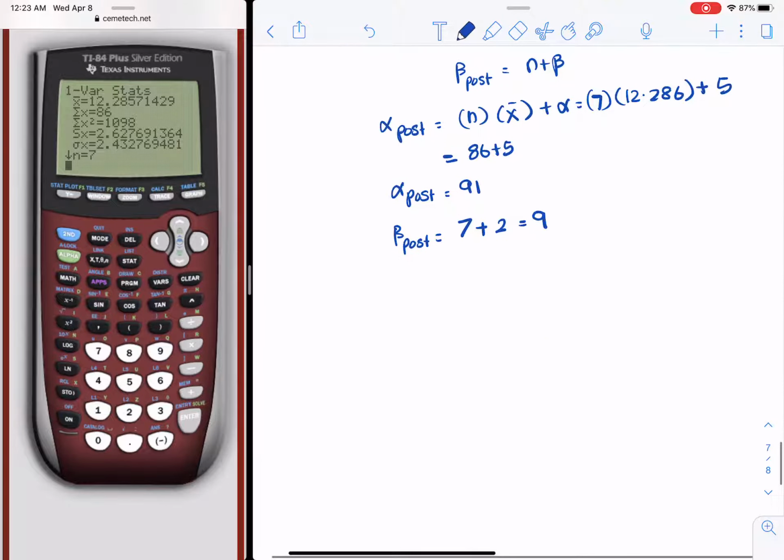So the posterior distribution is gamma 91, 9.